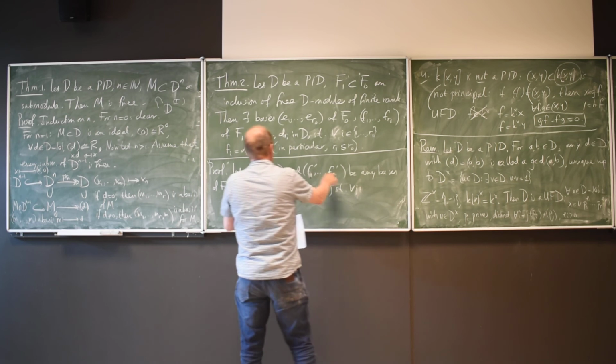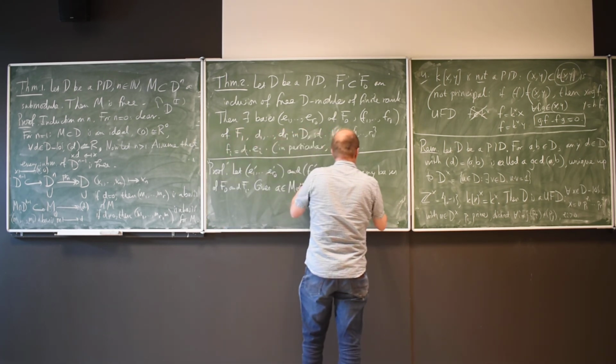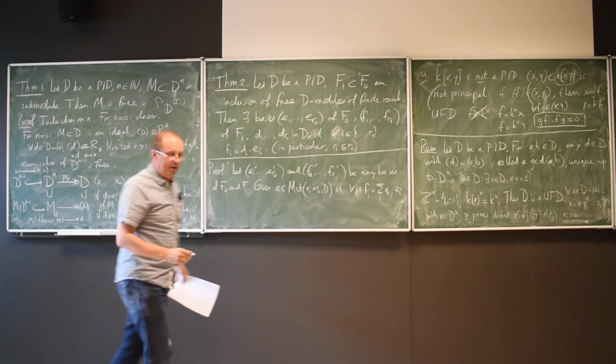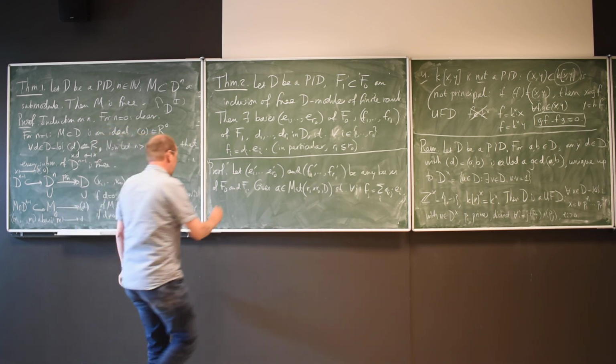The module of the F's is contained in that. So Fj is the sum of A_ij E_i, and here you sum over the i. That you can do. And so this is a matrix.